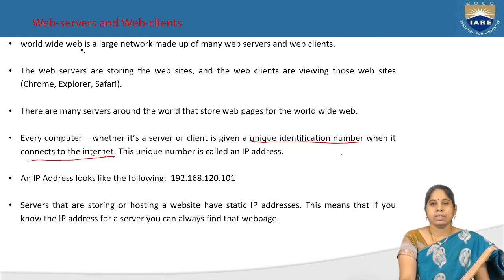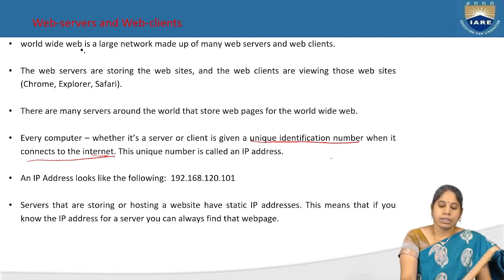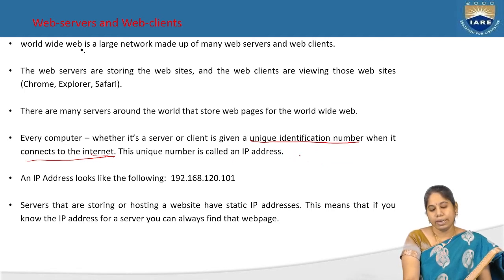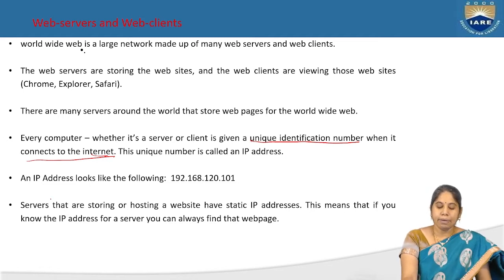For example, suppose a student is studying in a college and each student is assigned a unique roll number, so that whenever they access college resources, they give their roll number. That unique roll number is like the IP address here.